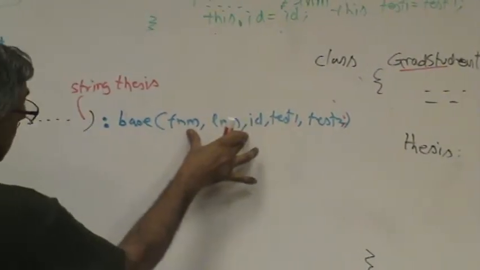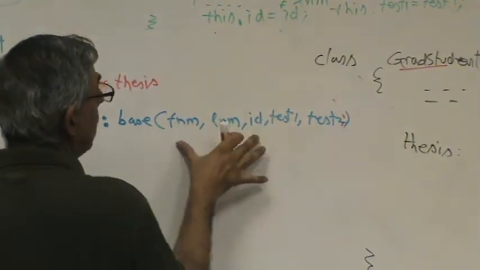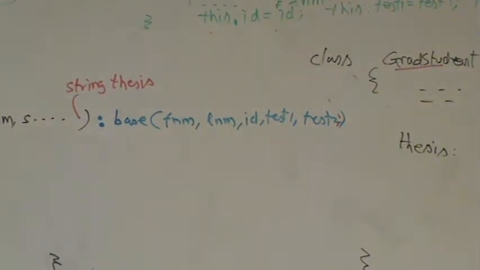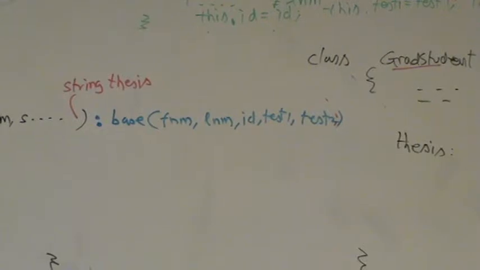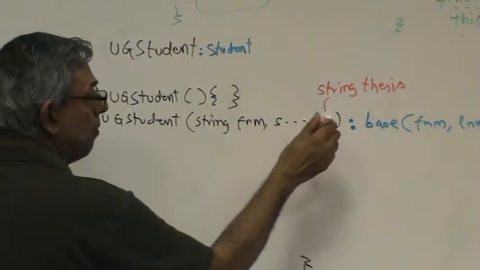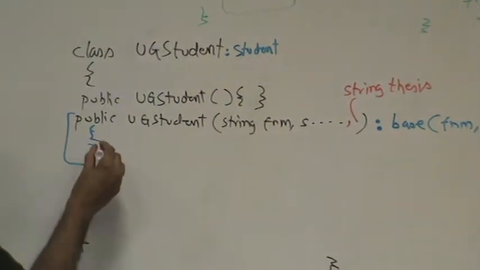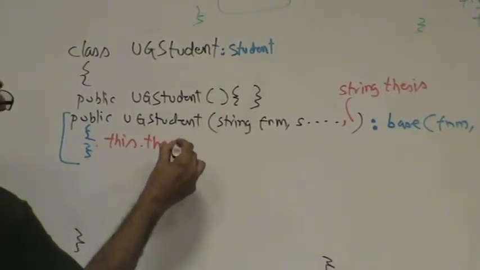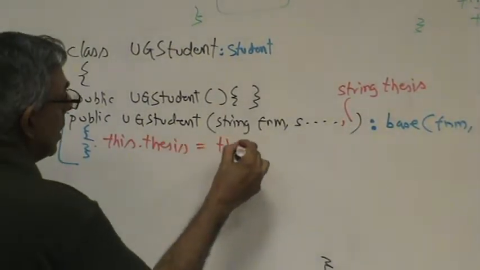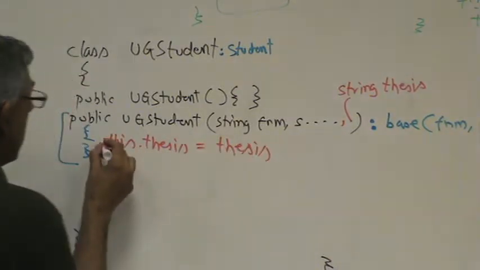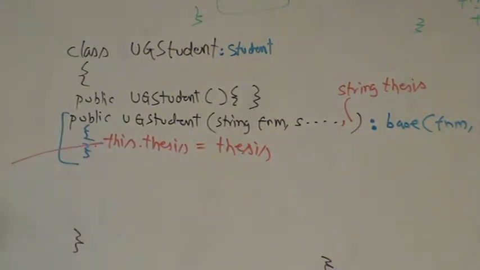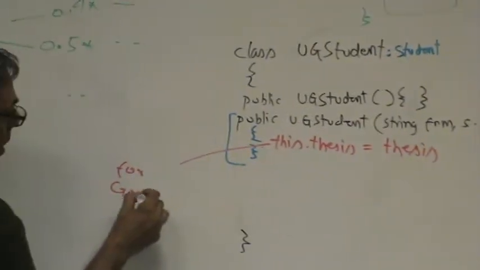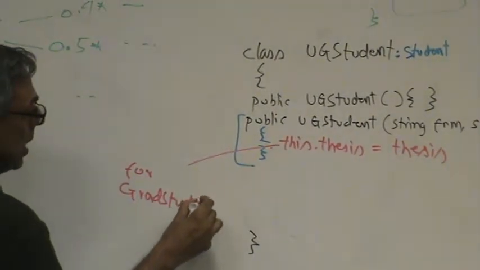So the initialization of the first 5 fields will be delegated to the base class. What about the 6th field? We have to do it manually. You will have to say this.thesis = thesis. So this line will be added for the grad student class.